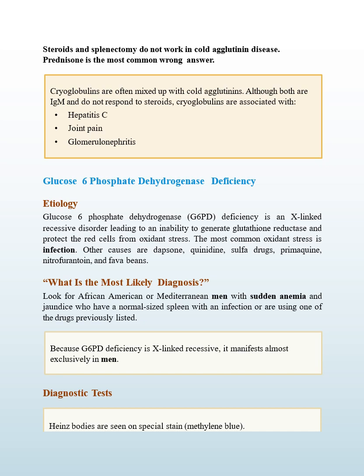If the question asks what is the most likely diagnosis, we have to look for African American or Mediterranean men with sudden anemia and jaundice, who have a normal-size spleen, with infection, or who used one of the drugs previously listed.